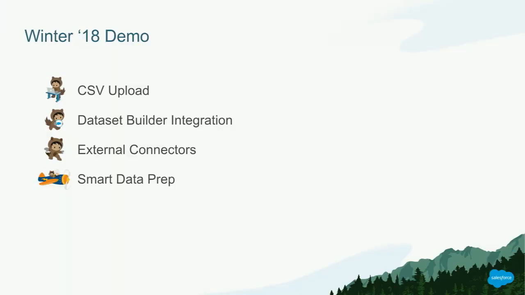If we take a look at what I have in store for you for the demo of the data manager related products in Einstein Analytics, we're going to take a look at the brand new CSV upload. We've improved the dataset builder integration. We have a bunch of new external connectors.